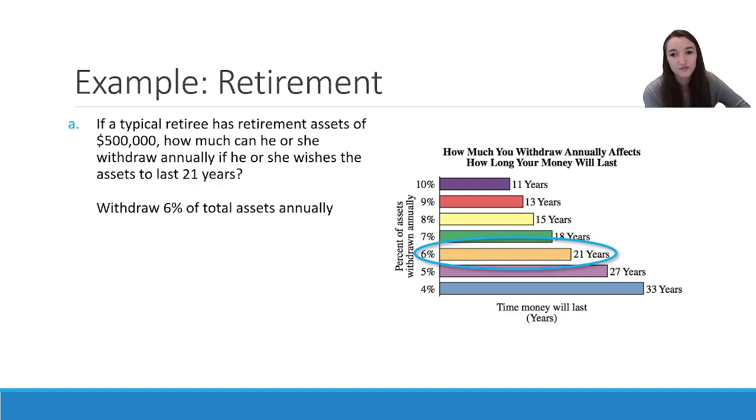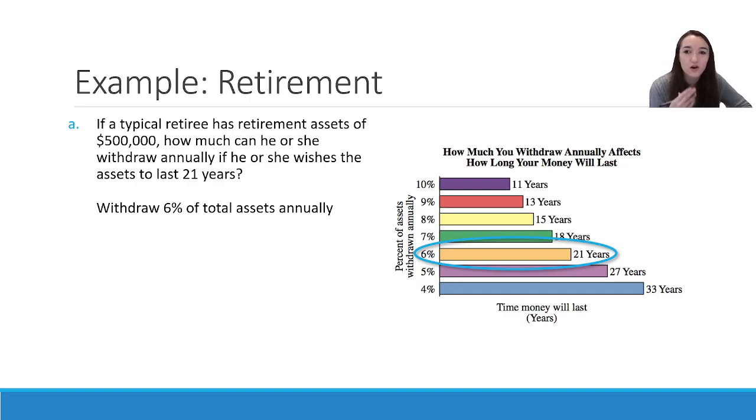But we don't multiply 500,000 by 6 because that's not going to make sense, right? If we multiply 500,000 by 6, we're going to get 3 million? So that would imply that they have to withdraw $3 million a year out of the $500,000. That wouldn't make any sense, right? They're taking out more than they have.